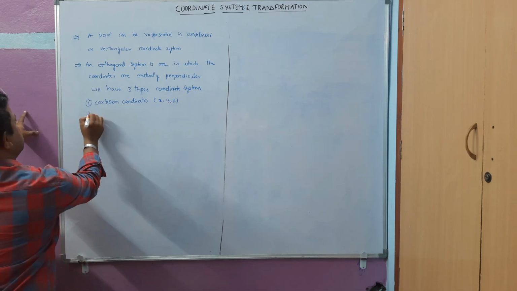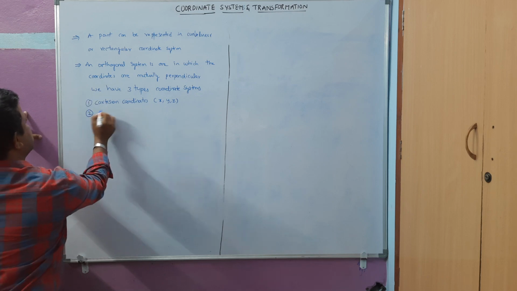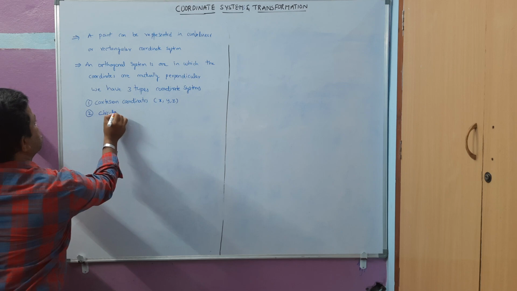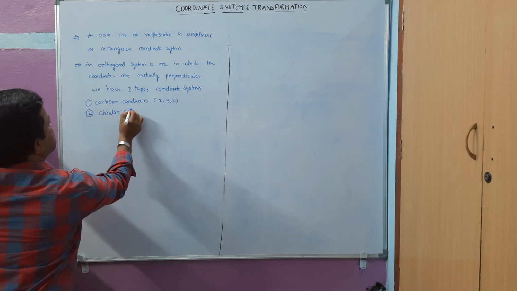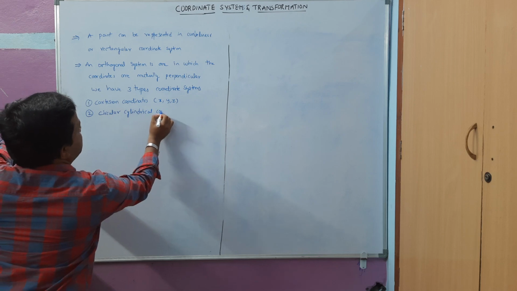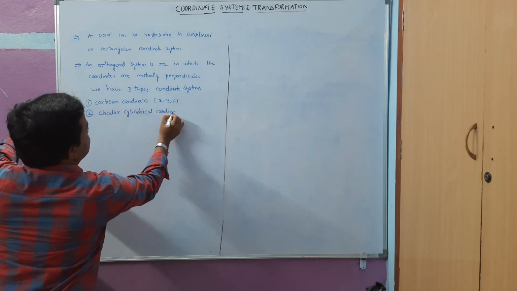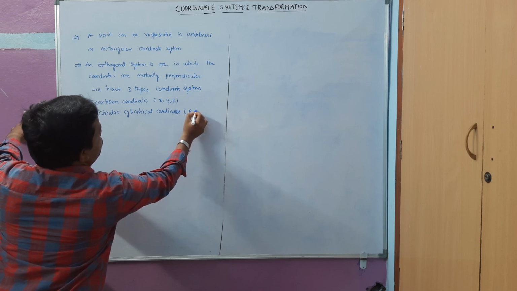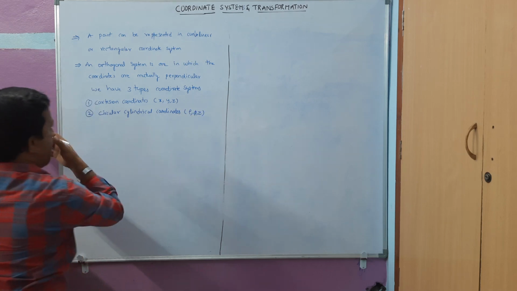The next one is the circular cylindrical coordinate system, with variables rho, phi, z.